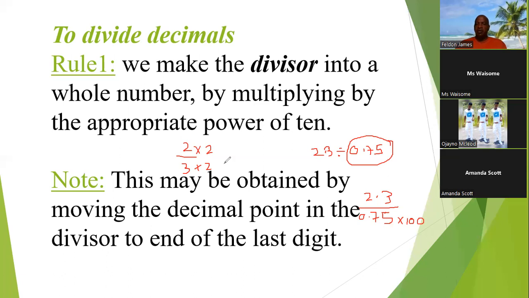So if we multiply the denominator by 100, we also have to multiply the numerator by 100. In other words, whatever you multiply the divisor by to make it into a whole number, you also need to use it to multiply the dividend. Is that clear, guys? Yes, sir. Once that is done, you would divide in the usual way of dividing fractions.